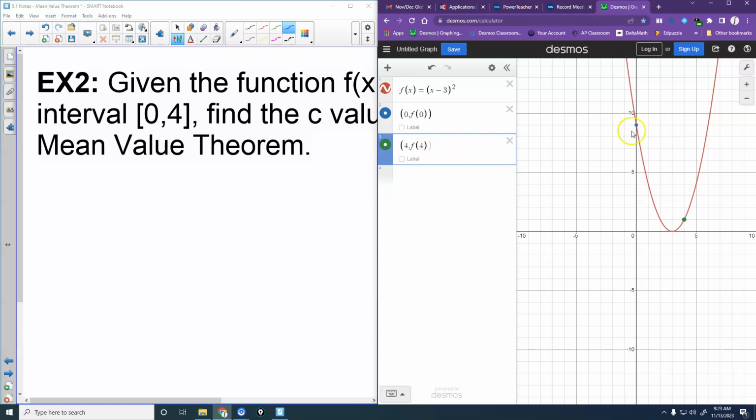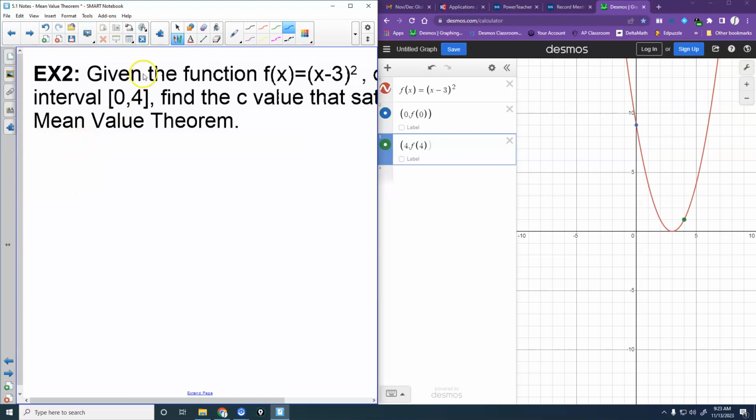So we are looking at these two points right here. We are looking for the value that would make this true. The mean value theorem tells us that the slope between the endpoints must equal the derivative at some point.